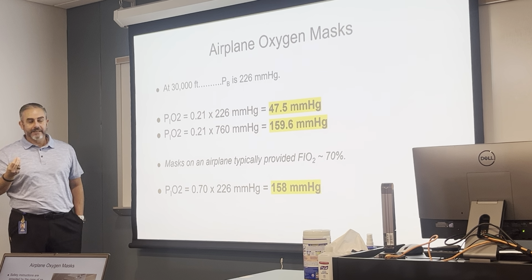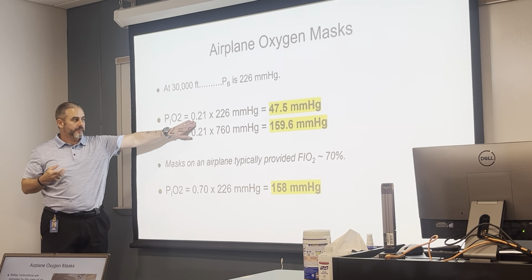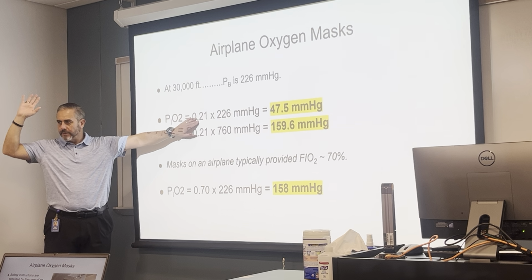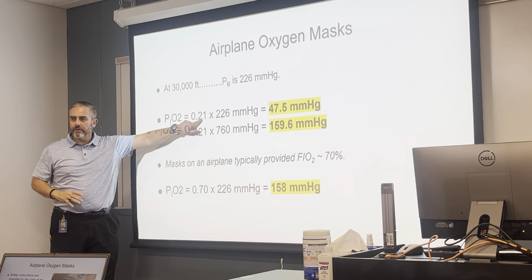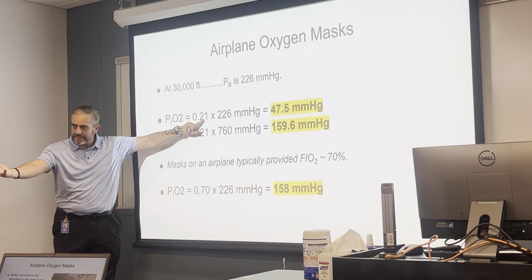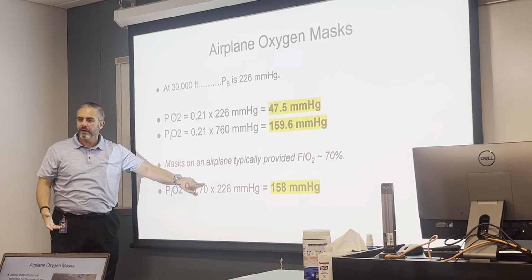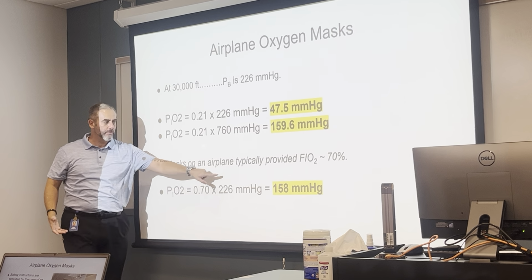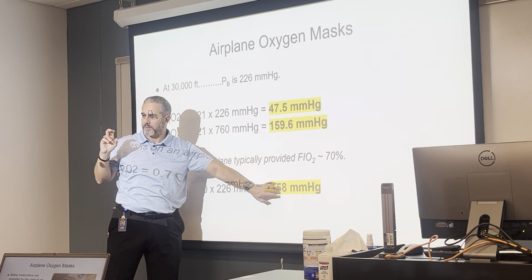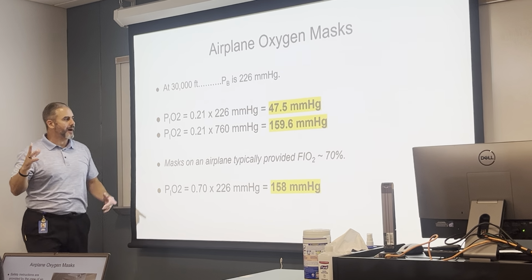But what we're getting. So if this is what we would get, again, 30,000 feet, just breathing room air, but we give you oxygen, I'm upping that percentage. That's why we're seeing a number close to normal that the patient's receiving. What about your patient in the hospital?